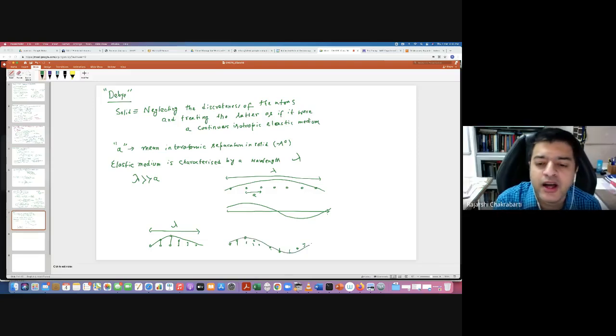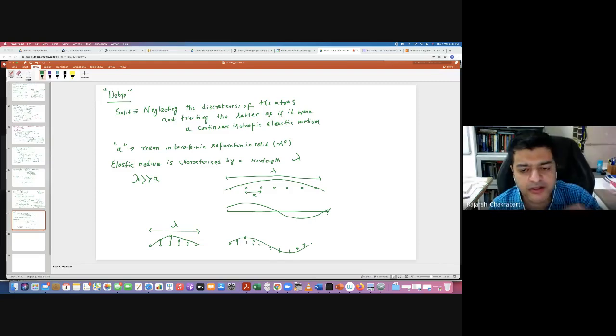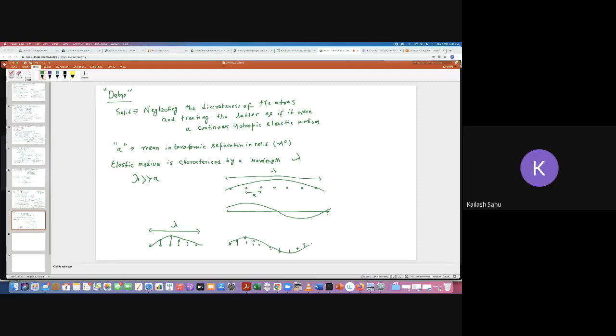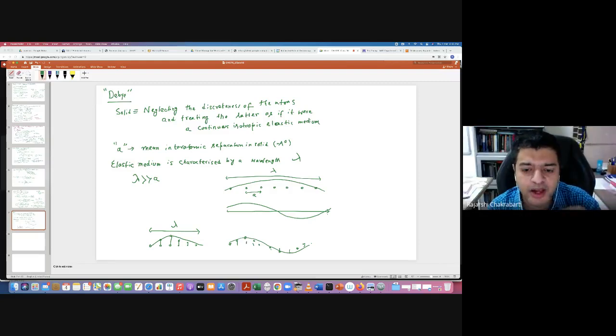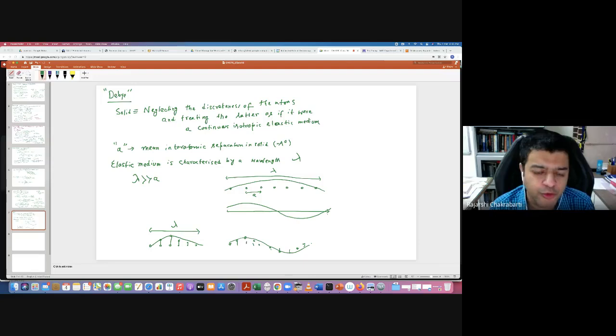So these all are vibrations of this elastic medium, but they are a result of collective oscillation of these atoms. These are called phonons. How many of you have heard about phonons?